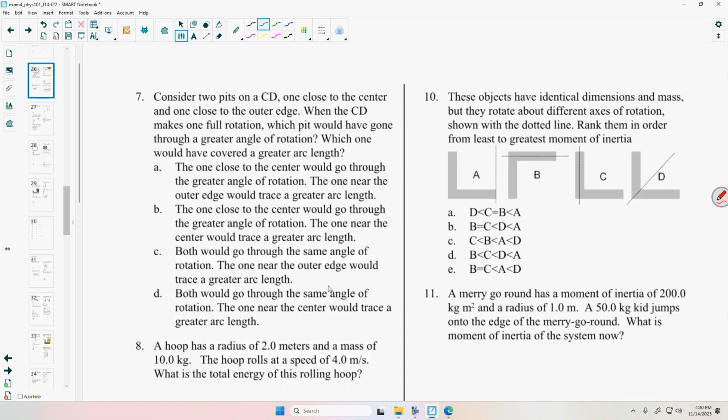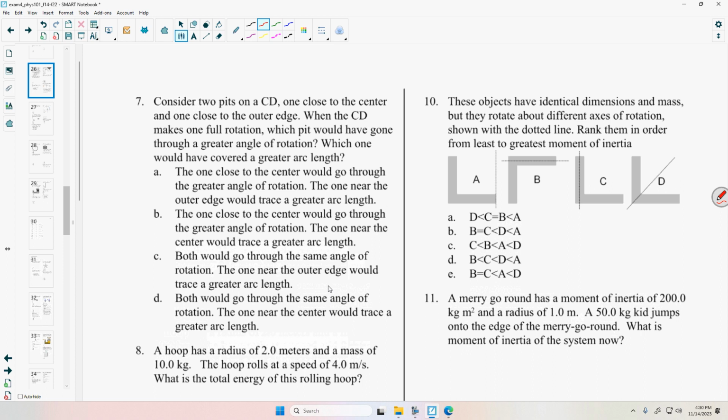Oh, here's one. We might have done this one in class. You want to find first which one has the biggest moment of inertia? Or here I'm going from least to greatest. Well, I see two right here that are the same. Which ones are they? B and C are both the same.